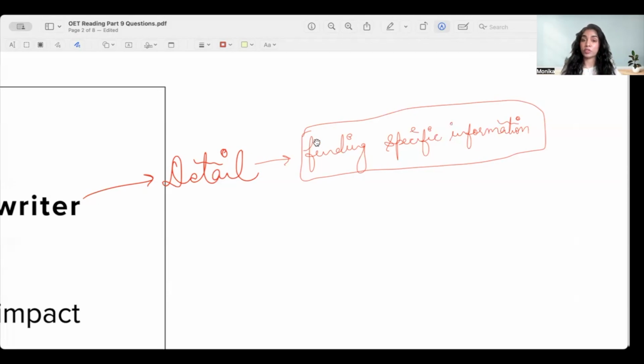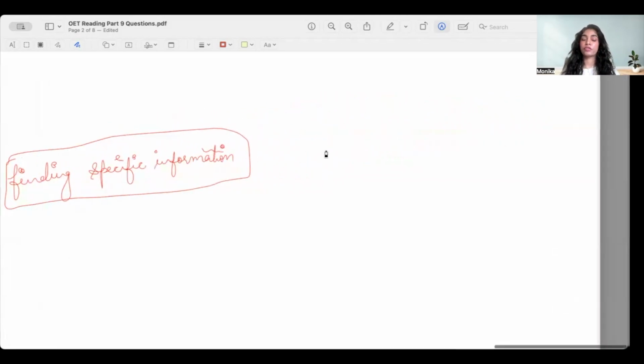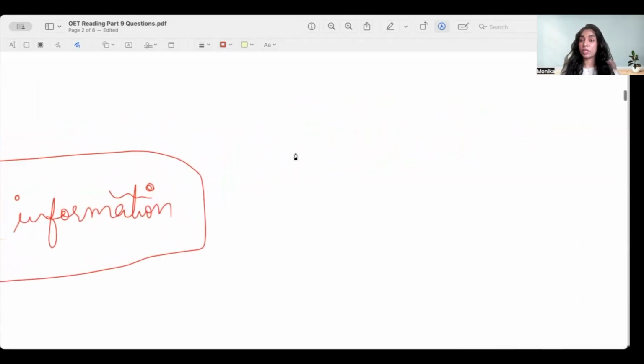It is also possible that in this question, if you're trying to find specific information, you have a paragraph, but in that paragraph, there's only a small section which actually talks about your question, and that little detail is going to answer.